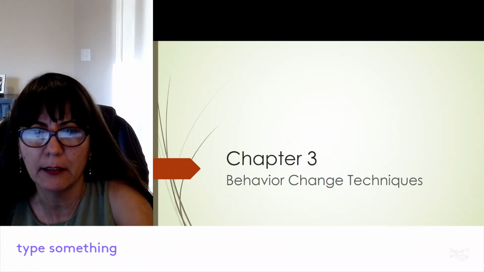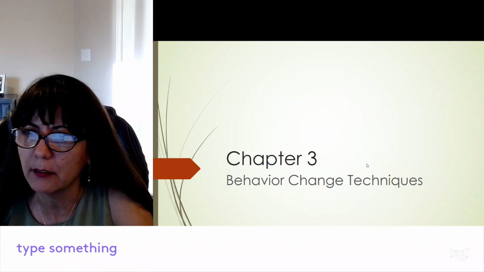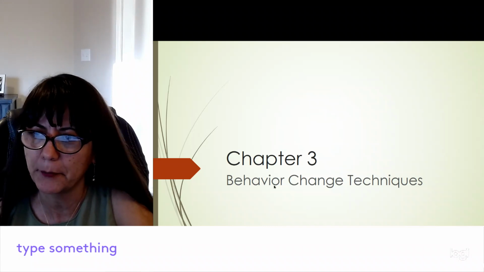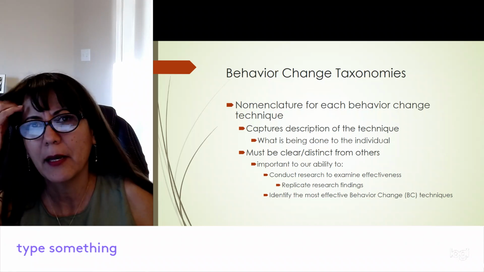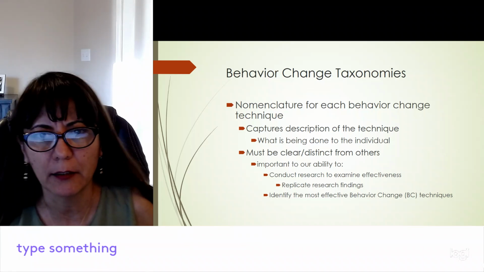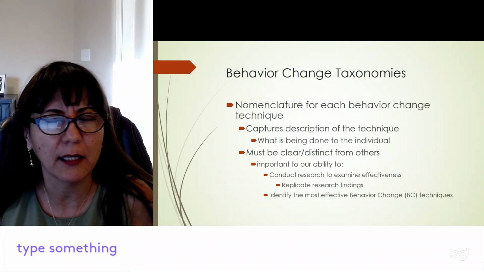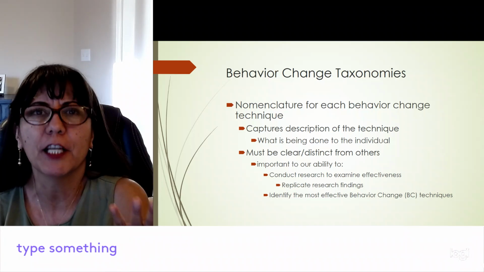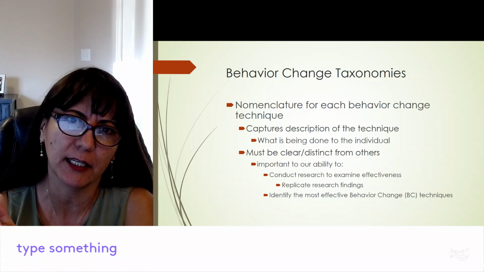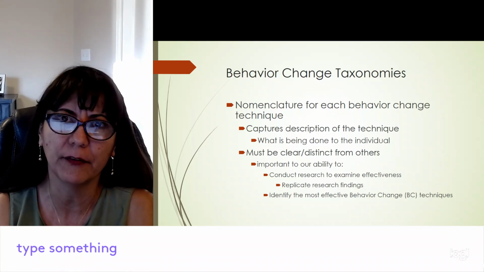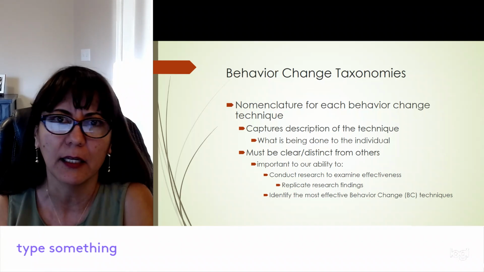Okay, so let's go on and see what they have to say. Okay, so they talk about the behavior change taxonomies, and all this means is the different names, right? The nomenclature for each behavior change technique that has been identified and classified in the literature.